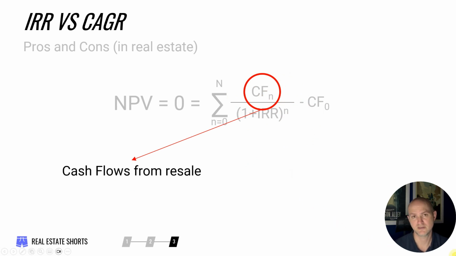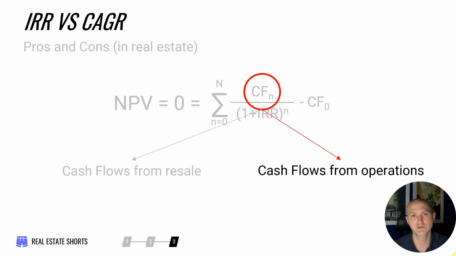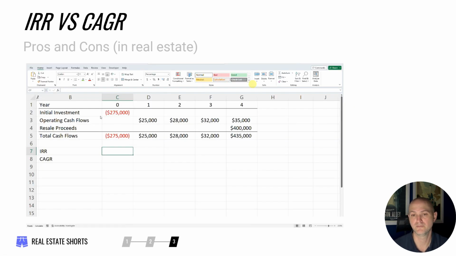So yes, it is cash flows from resale, like when you sell the property, it includes those cash flows, but it also includes cash flows from operations. So when your tenants pay you money and you pay out expenses, whatever is left over, those operating cash flows are also included here. That's not the case with CAGR.